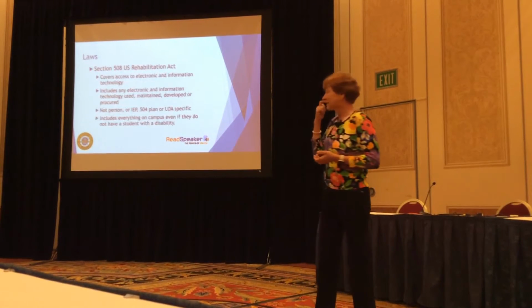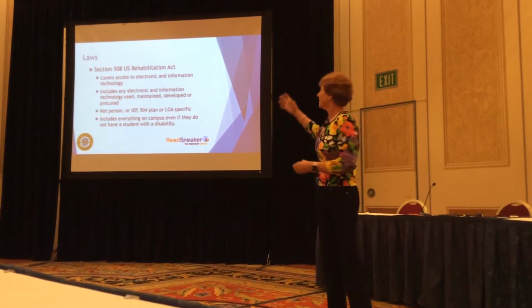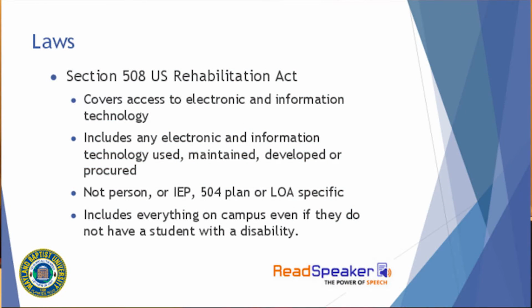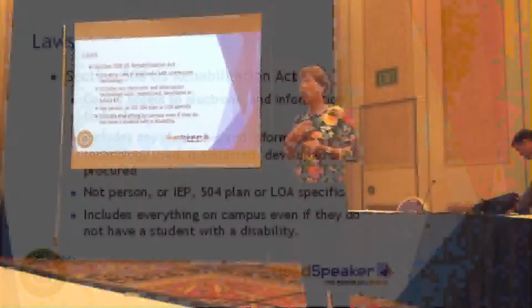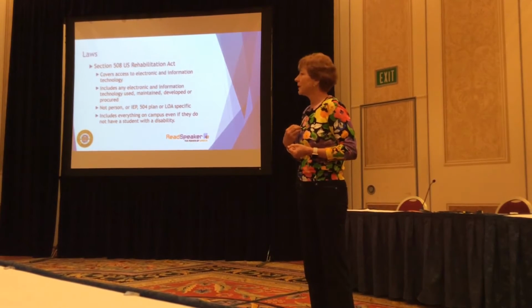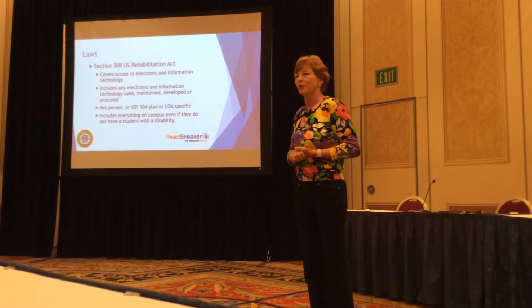508 is the broad one, looking everywhere. We need, in this case, electronic and information technology, that's basically everything on campus. It doesn't matter whether you've got somebody identified with a disability. You're looking at students who access, and they may be undeclared. I may not want my boss to know that I'm slightly dyslexic, because that may come across as detrimental in my career.